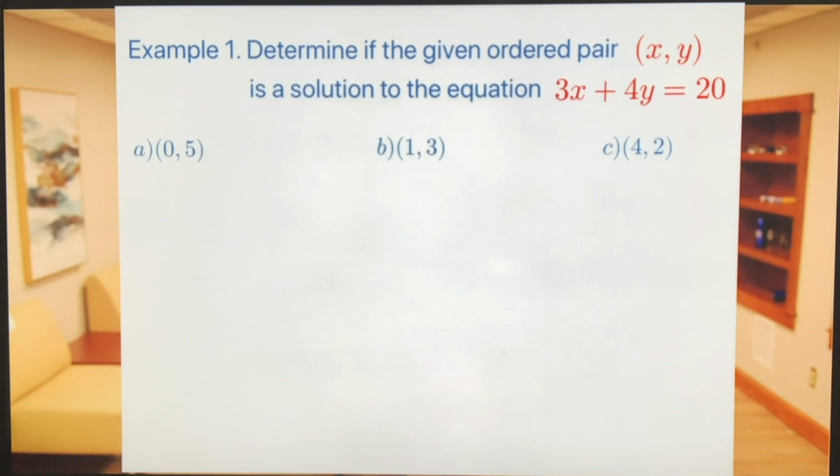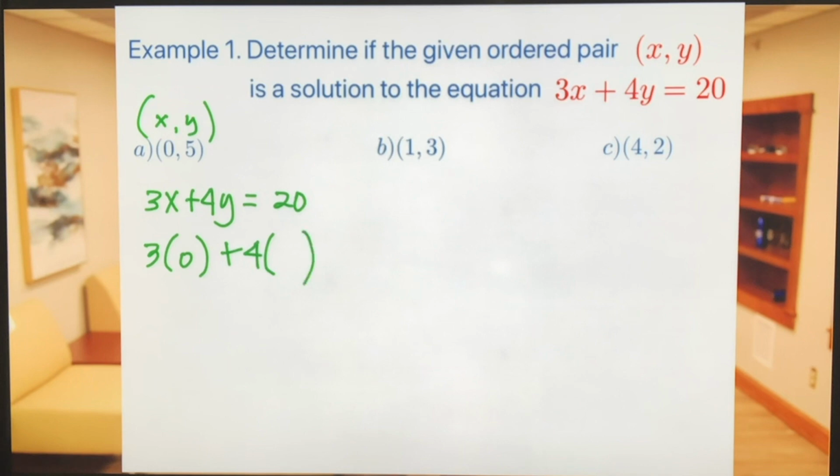We are asked to determine if the given ordered pair x, y is a solution to the equation 3x plus 4y equals 20. In this case, our x is 0 and y is 5. So let's substitute this into the equation. 3 times x, which is 0, plus 4 times y, which is 5, equals 20.